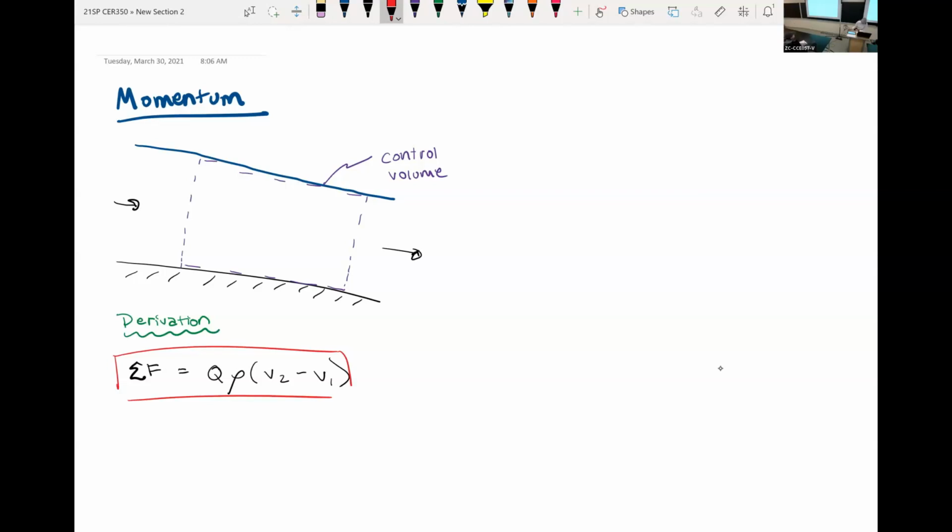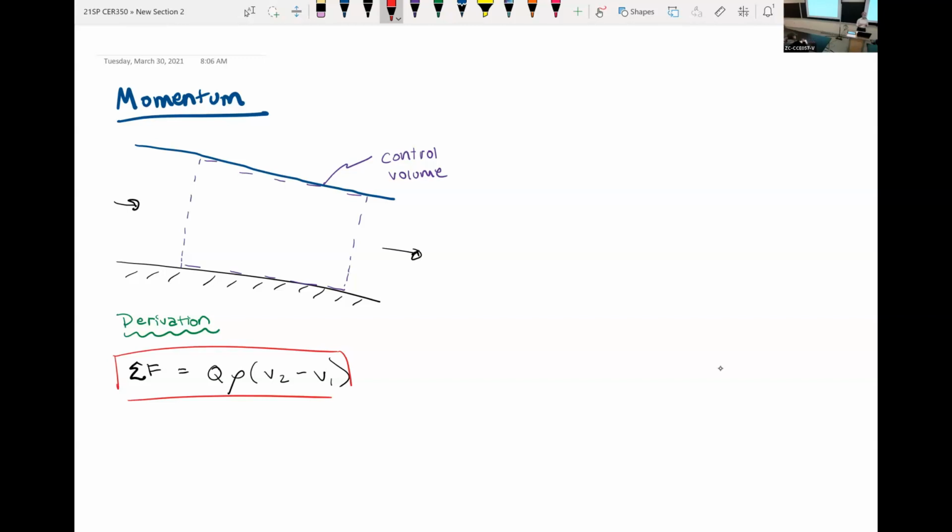And now we can go through and identify all the forces that are acting on this control volume. So what forces do we have? Let's start there. We're going to start on the sum of forces side here. So what forces do we have acting on our control volume? Colin, what do you think?